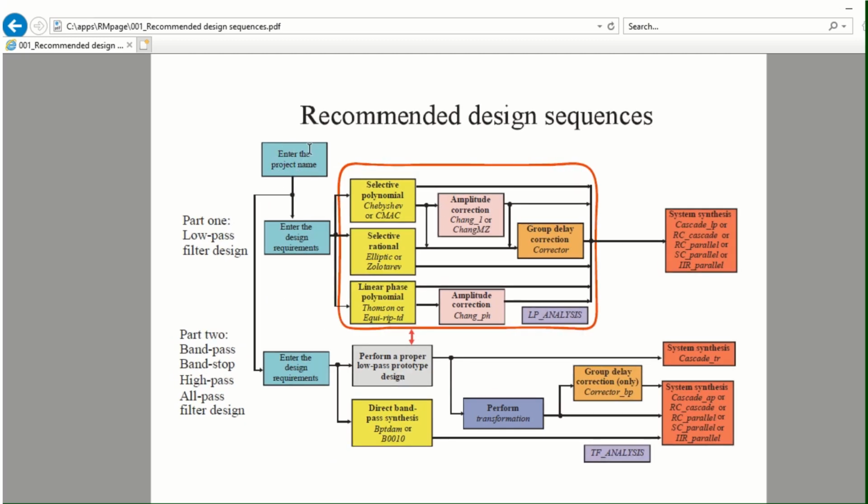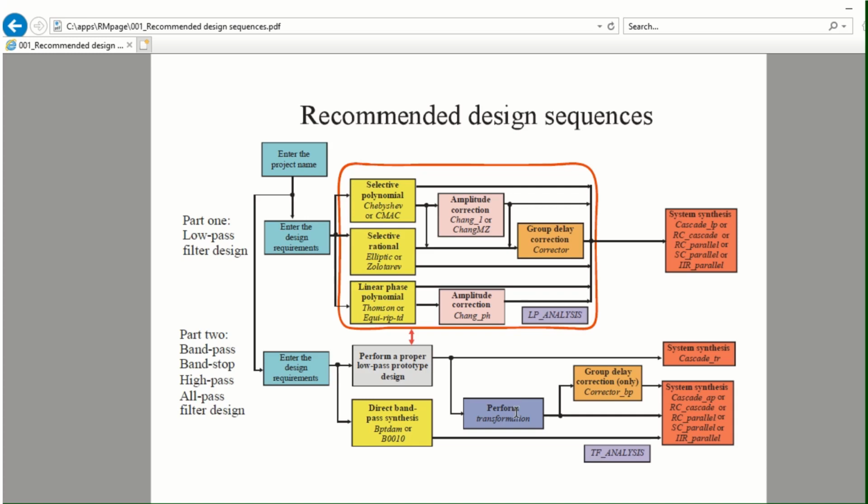So we will first give the name, then we will go to the design requirements, and then we will perform low-pass prototype design, which may be one of these two, Thomson or equi-ripple group delay. After producing this transfer function, we will proceed to the transformation.